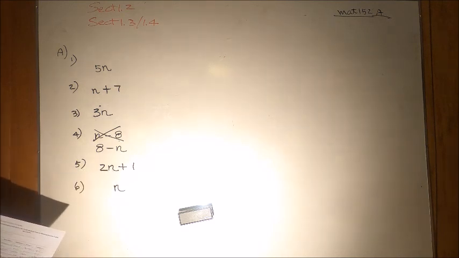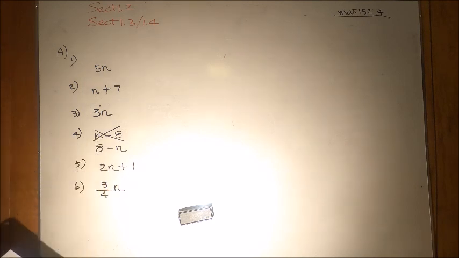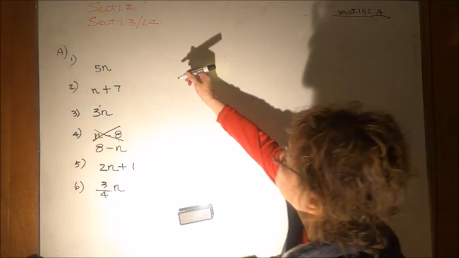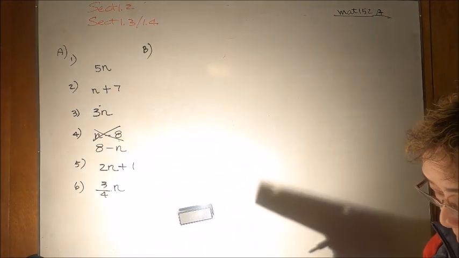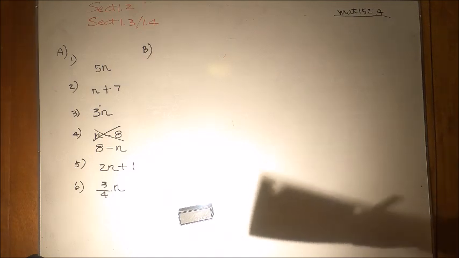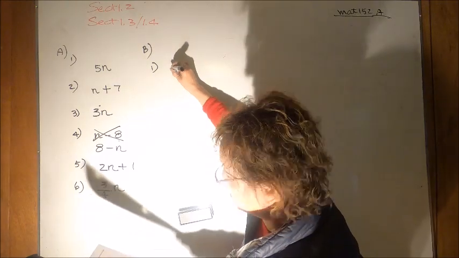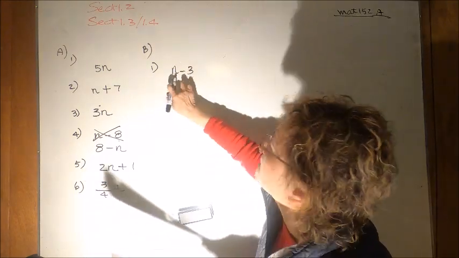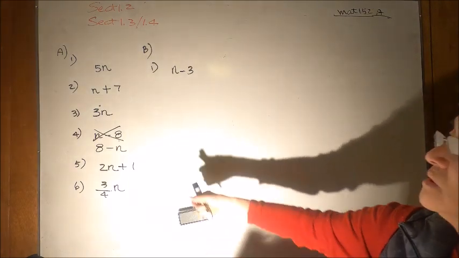We do 3/4 of it. So we will multiply 3/4 like that. Okay, next one. 3 less than a number. So it's 3 less than that number. So take away 3 from that number. That's how we do.